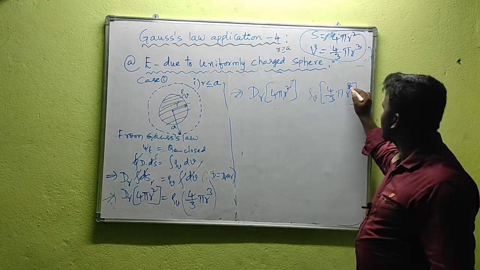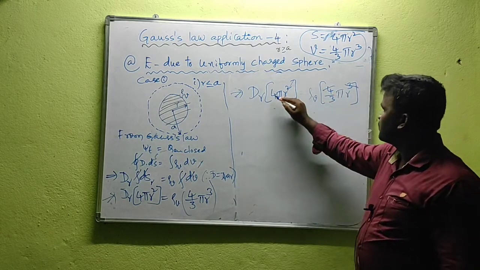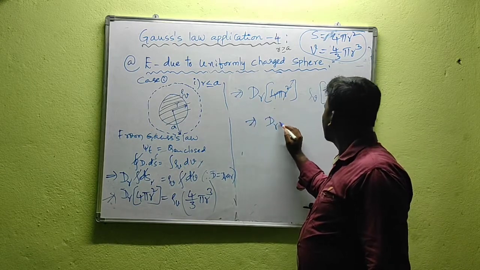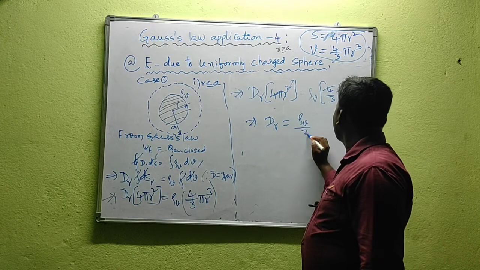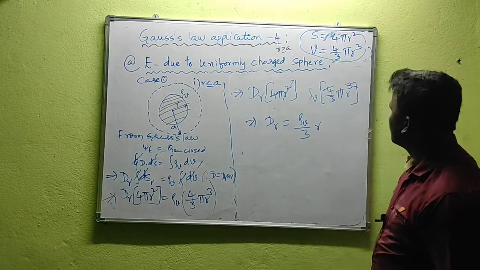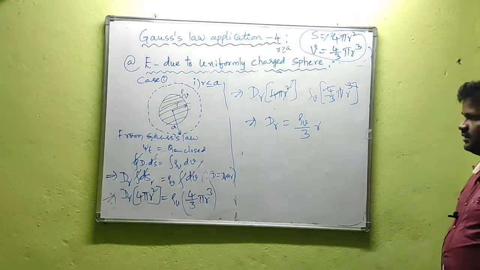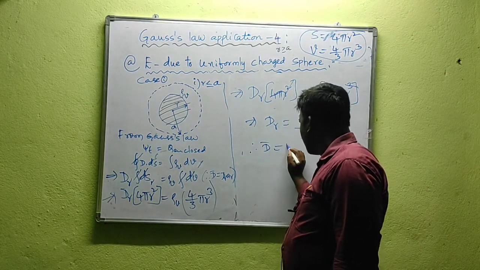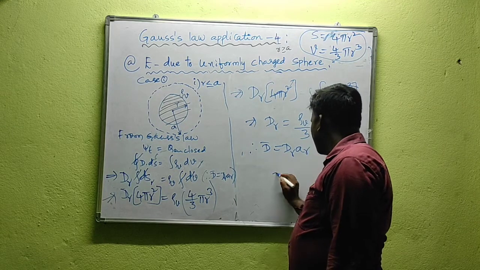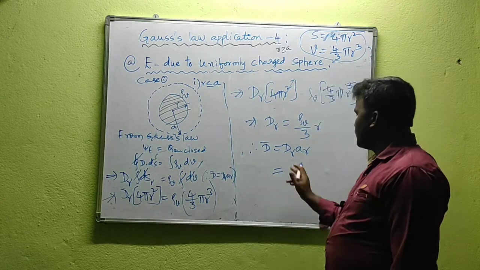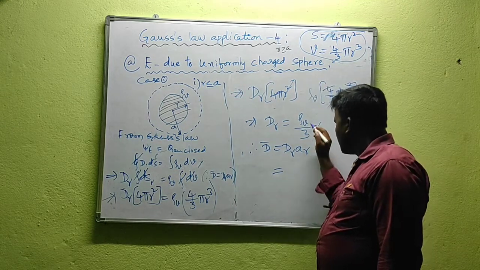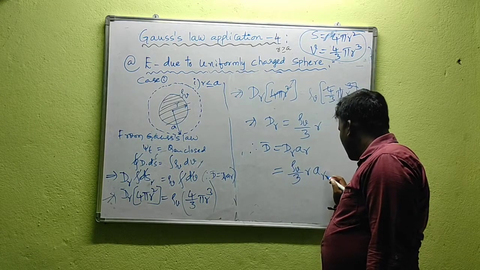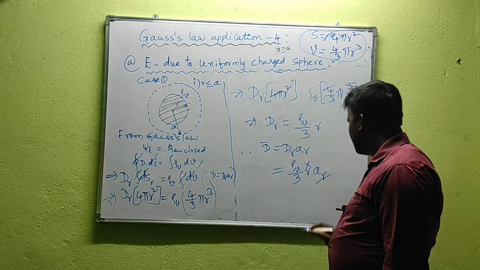This r square and this r cube cancel out, and this 4 and this 4 pi cancel out. The remaining part is Dr equals rho v by 3 into r. Now we consider D as Dr ar, therefore D equals Dr ar, that is D equals rho v by 3 into r, ar. Don't cancel this one and this one.